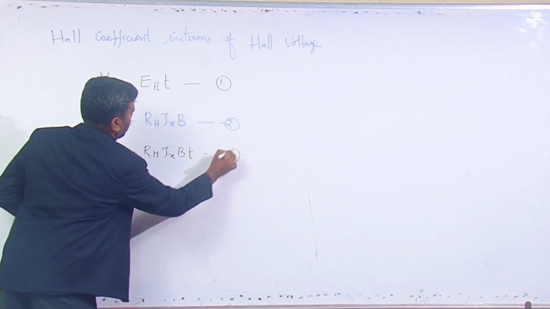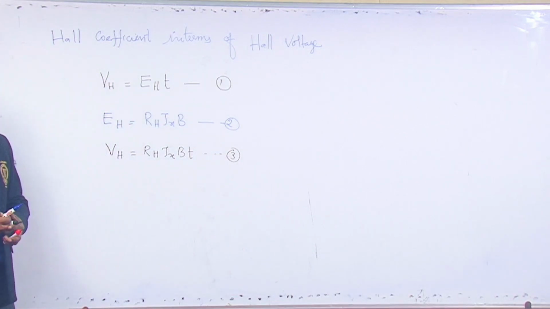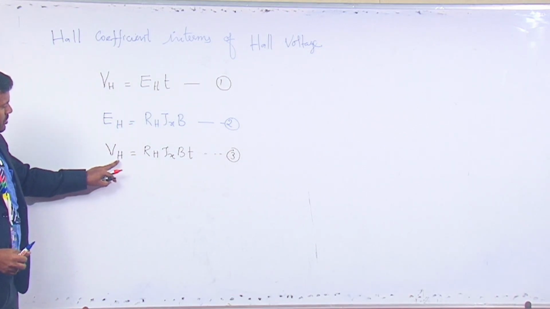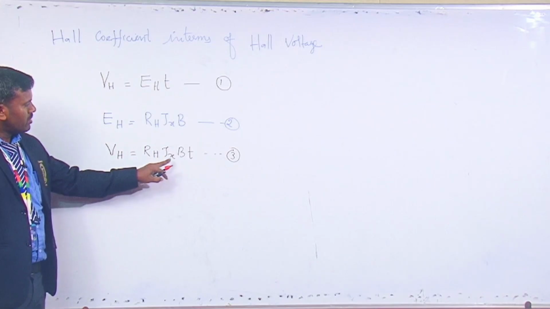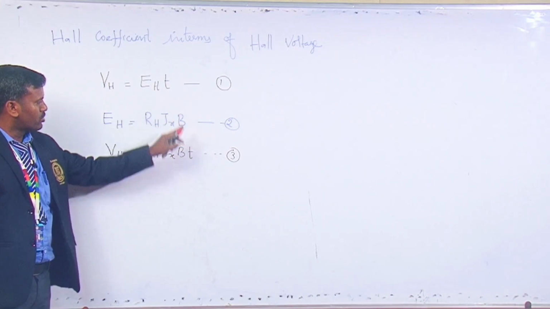This is equation number 3. Here the Hall voltage VH is equal to RH Jx B into t.